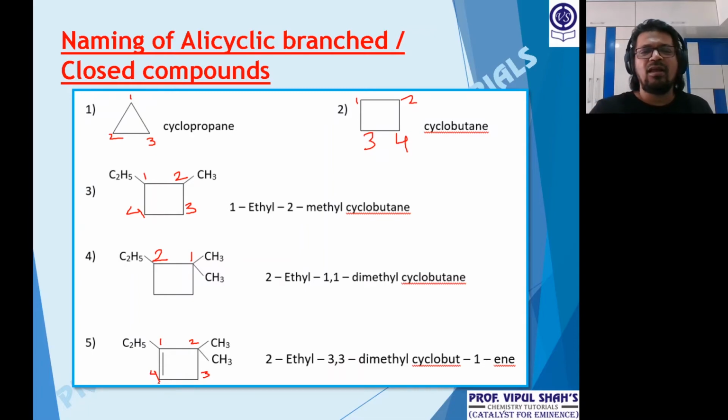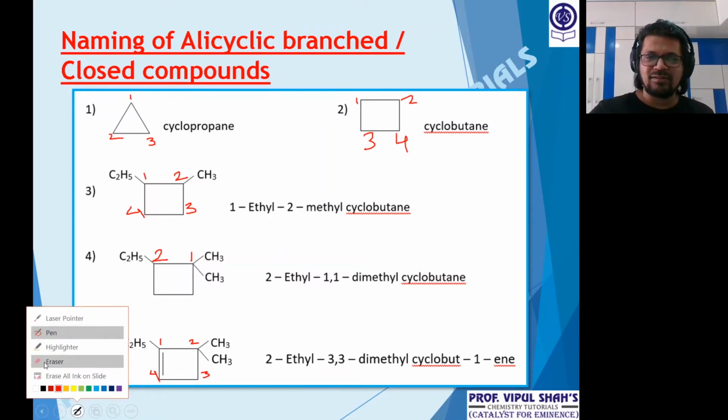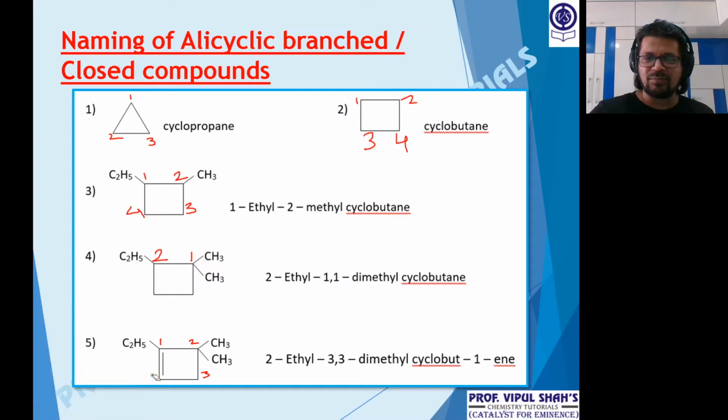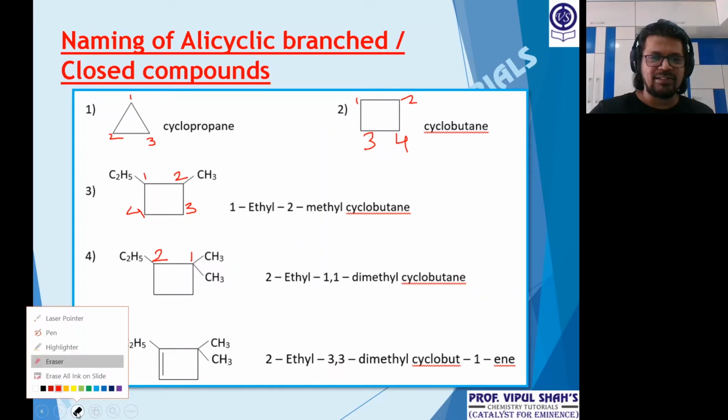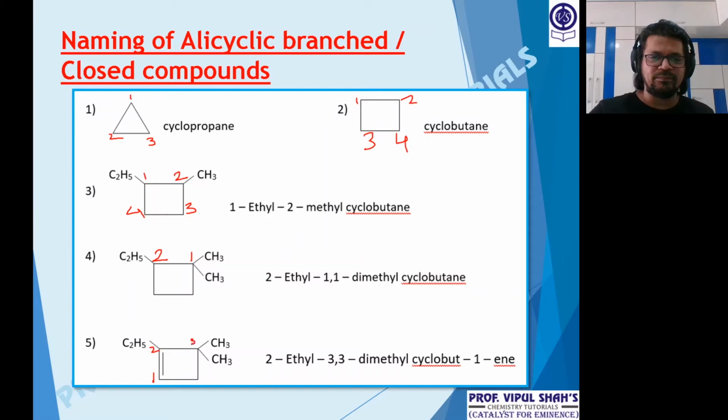Logical thinking. Can a double bond be between 1 and 4 position? No, no. Double bond is always between two adjacent positions. So this numbering is wrong and the earlier one was right. Clear? So remember this. This is a common mistake with many of you. So this will go in this manner. Again, at double bond 1, 2, 3, 4. Alright. Let's do the next one now.